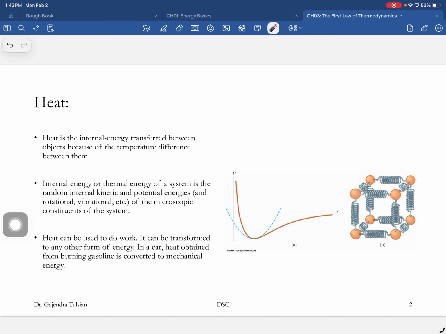Is this happening on my iPad? Oh, you can't see it. It's happening in the projector memory. Anyway, all right, so looks like we're on.